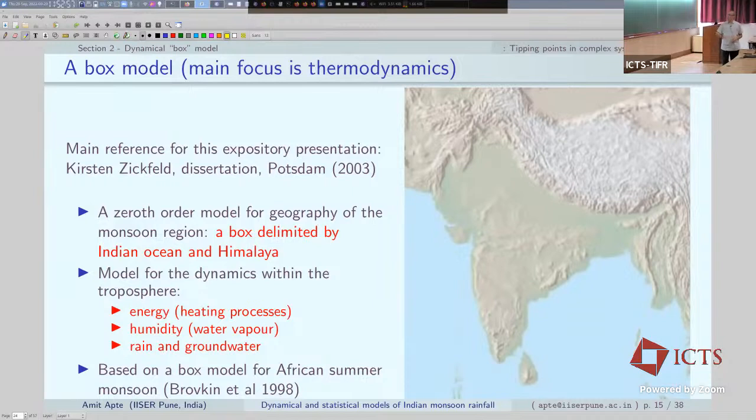So we would think of the Indian subcontinent as a box, and in that box, try to understand the fluxes of energy and moisture. Of course, they are driven by winds, but the winds themselves are coupled to these energy and moisture fluxes. And that's the dynamics that we would like to capture in a simplified model.